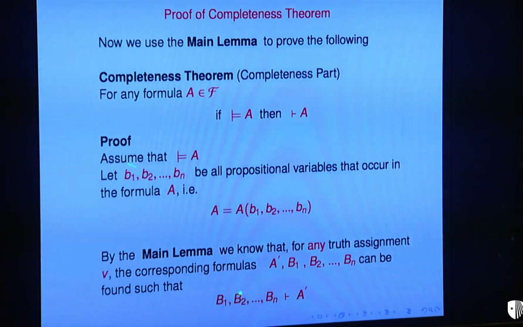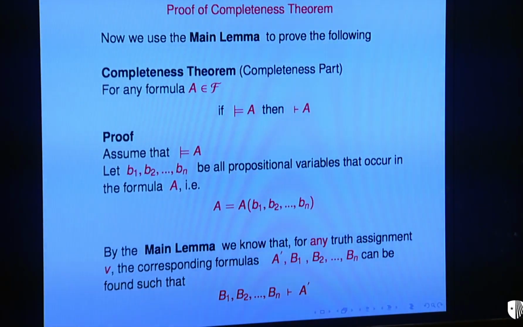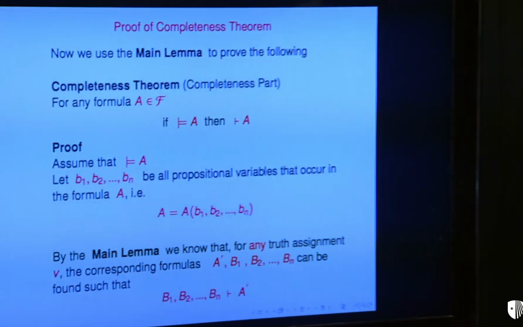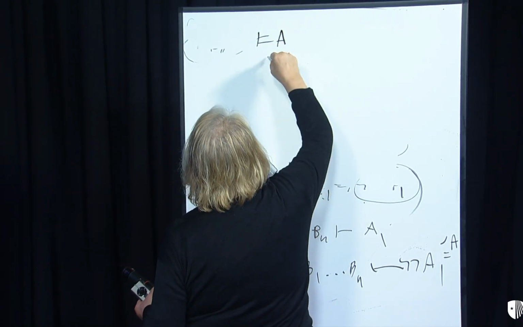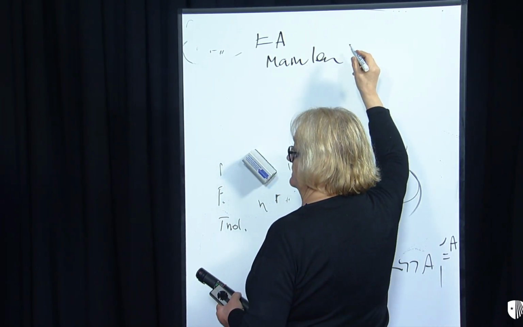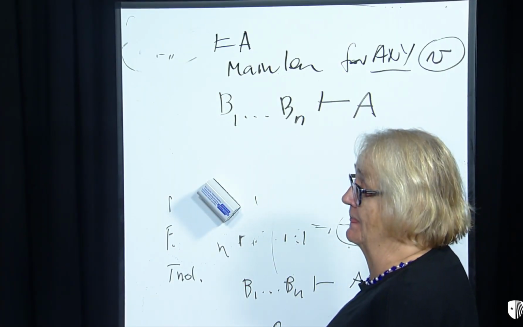So let those B's be all variables in A. By main lemma, for any V, we have B1, ..., Bn proves A prime, right?